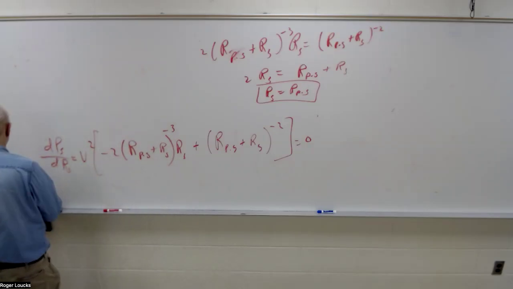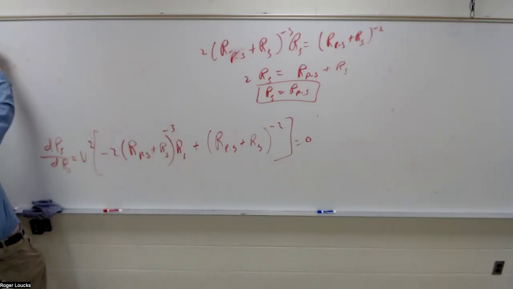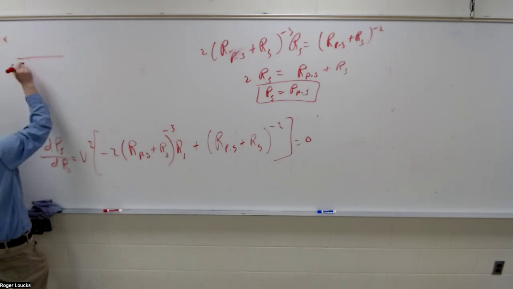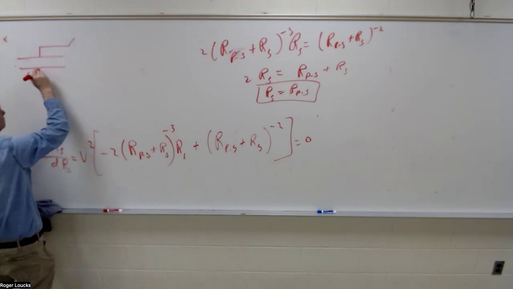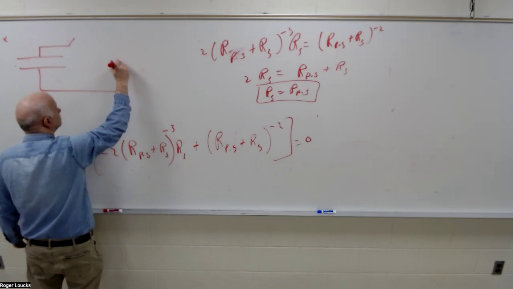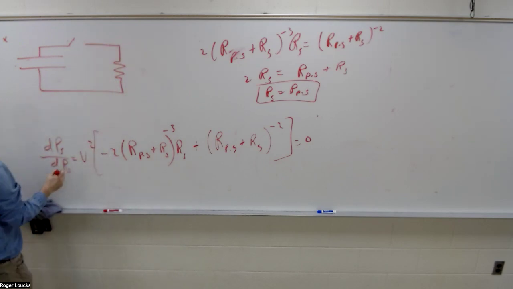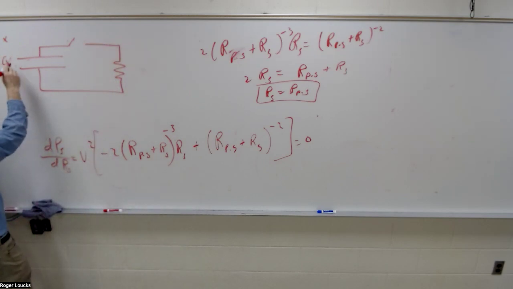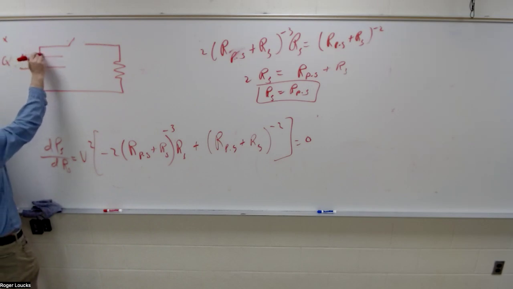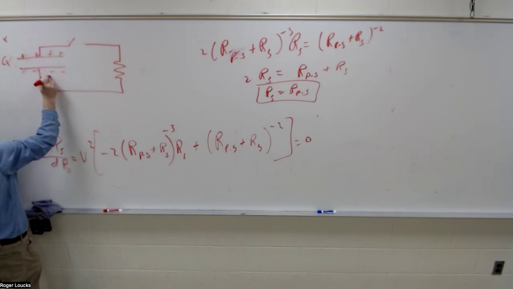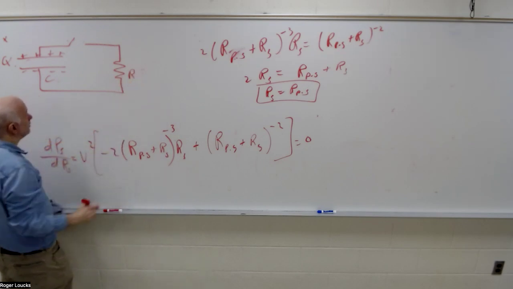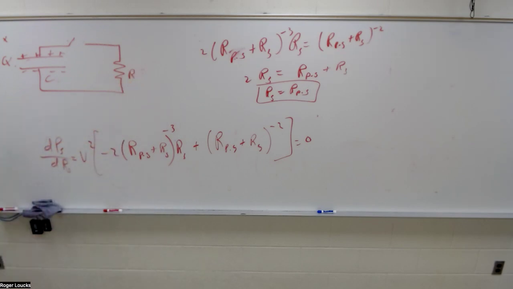Okay, one more example, and we're going to follow it. This has some charge here, Q, which is the maximum. C, and this is R. At t equals 0, I throw the switch.